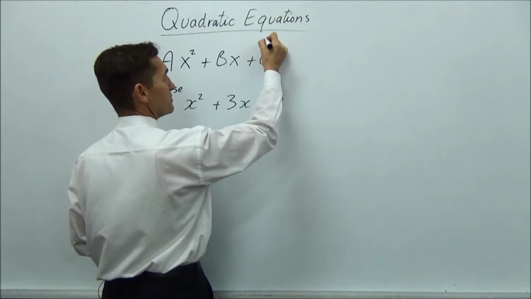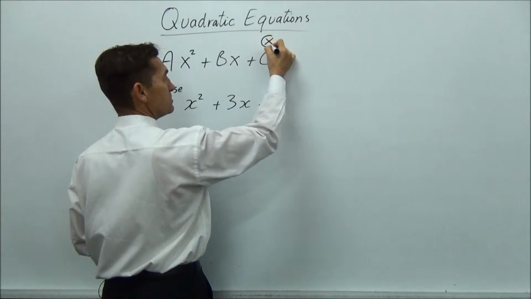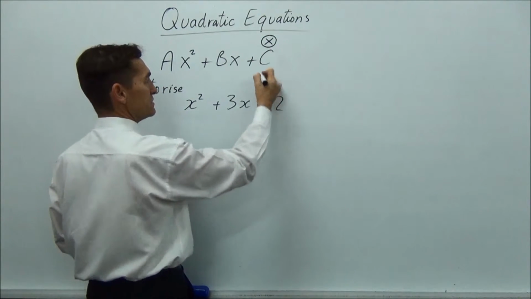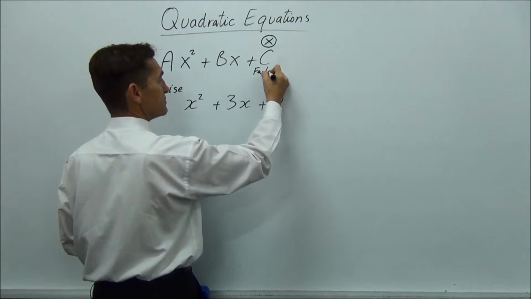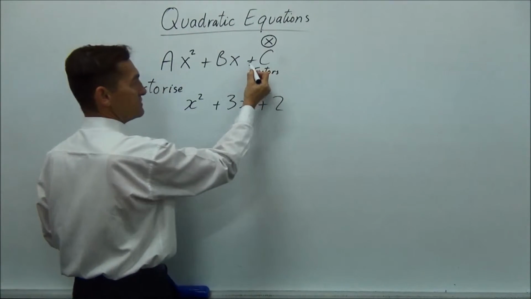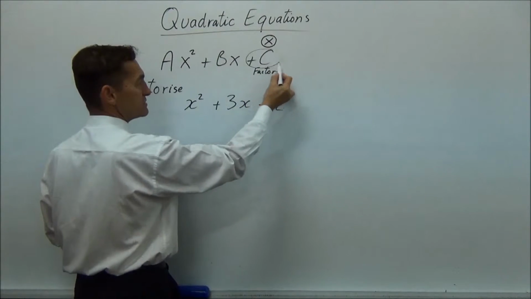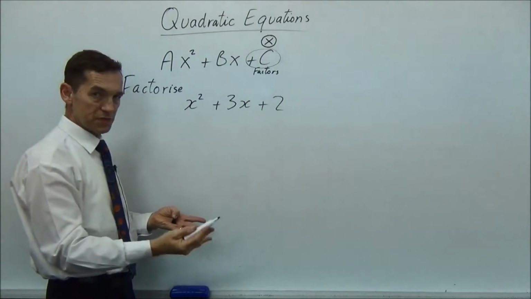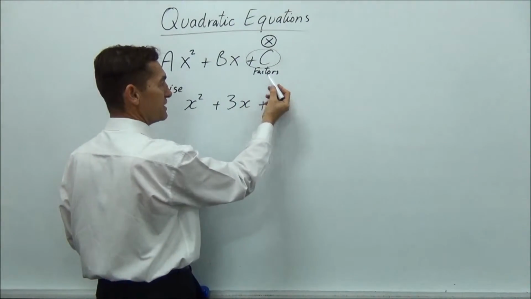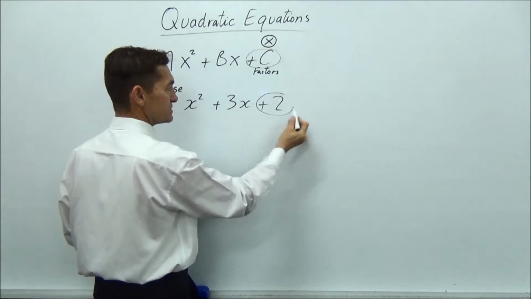So I want to look at what am I going to multiply to give the c. This is what I want the factors of. Now this is very important, that you take into account whatever that sign is. Now in our case here, it's plus 2. So we want all the factors of plus 2.